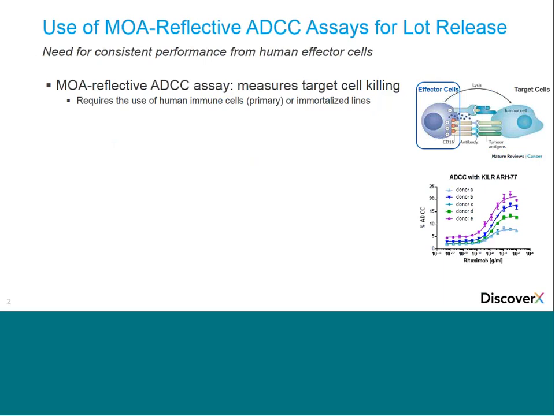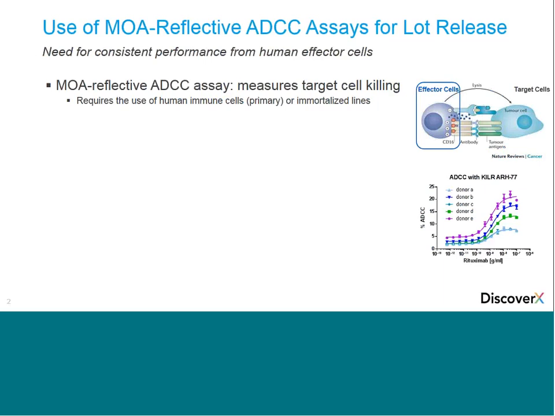So, developers of therapeutic antibodies must assess all possible mechanisms of action for these antibodies, including the possibility of ADCC, or antibody-dependent cell cytotoxicity. For such an MOA, assays that are used in a quality environment need to be MOA-reflective, and therefore an appropriate ADCC assay would be one that would measure target cell killing.